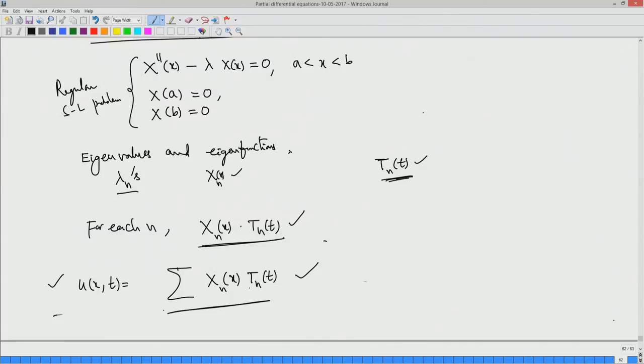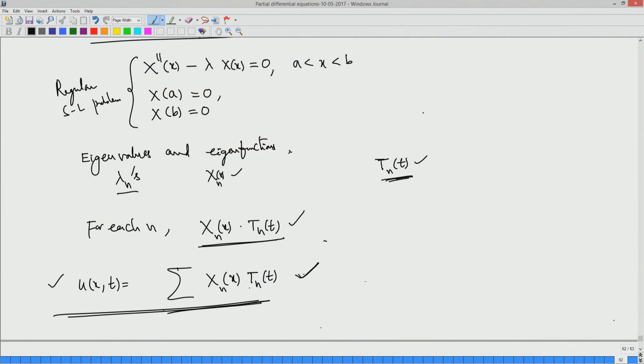So the infinite sum makes sense, its derivative is the sum of the term by term derivatives, and when you substitute, it also satisfies the wave equation. So you look for a solution in this form.